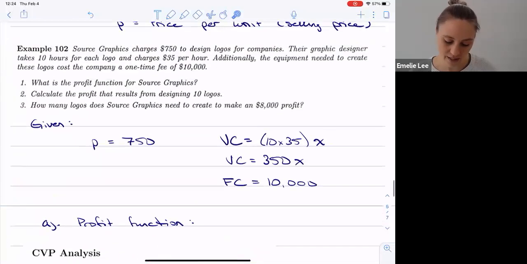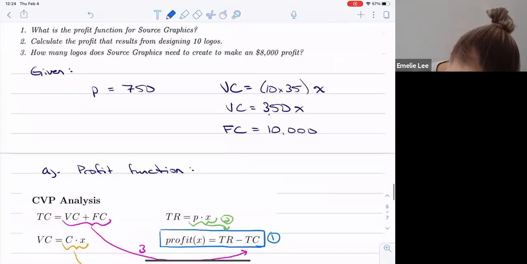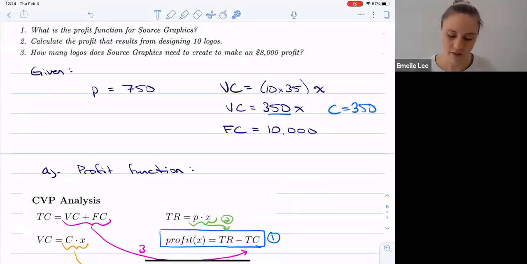Okay, so in our case, we know some stuff, right? We know P is 750. We know capital C is 350, and I'll emphasize that here, right? So here, C is 350, and then the fixed cost is 10,000. Okay.